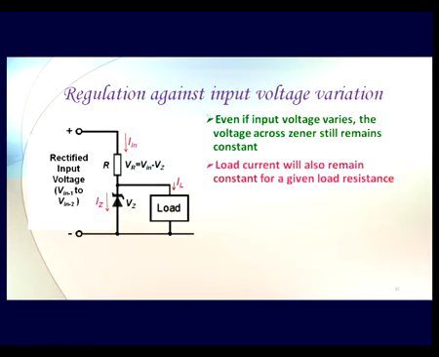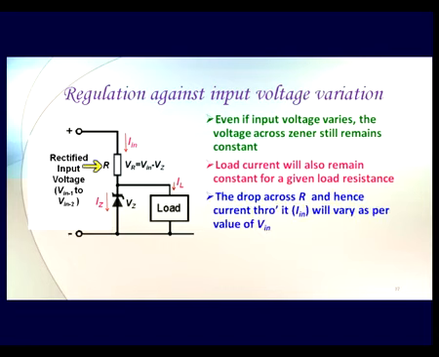The load current that is going to pass through this load is also constant as long as the load is constant. So this IL passing through the load will be fixed, equal to VZ upon RL. If RL is not changing, then this IL is constant.